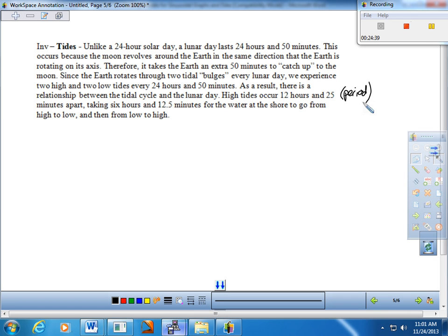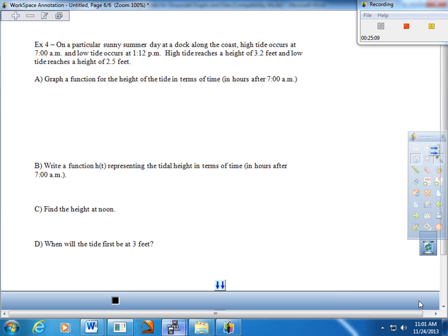Taking 6 hours and 12.5 minutes for the water at the shore to go from high to low. So this obviously would be half the period, 6 hours and 12.5 minutes. And so if that's high to low, and then another 6 hours and 12.5 minutes to go from low to high, and hence you get your period of 12 hours, 25 minutes. That's what we'll use. So let's go give it a try.